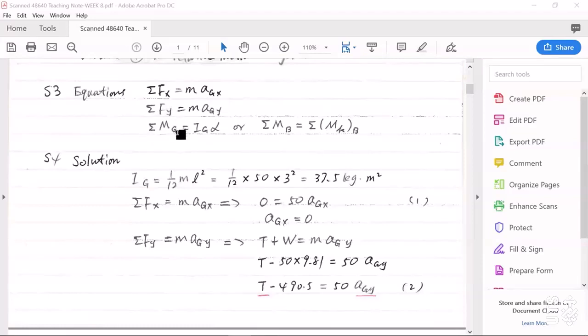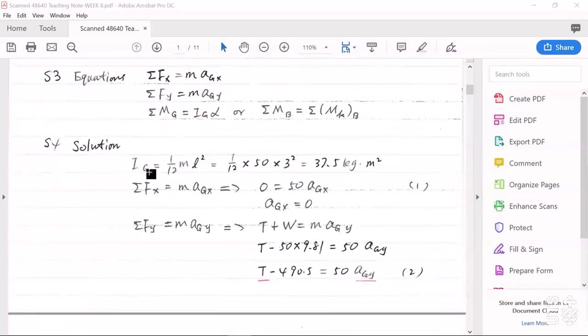This calculation may be about the mass center point G, and probably you can use point B for this calculation. The MMI of this bar about its mass center point G can be calculated using the established equation. This can be found from the equation page.